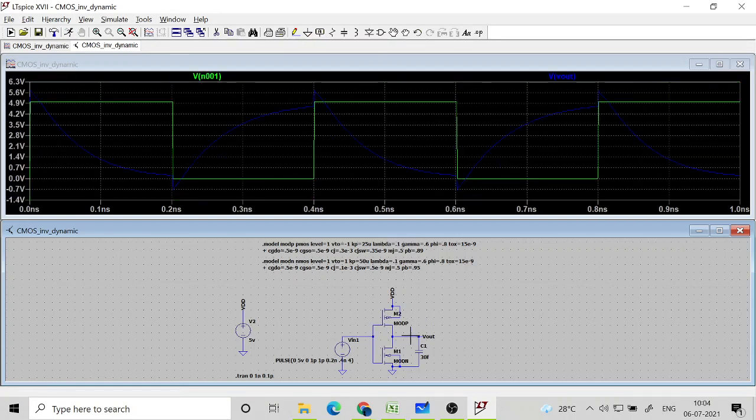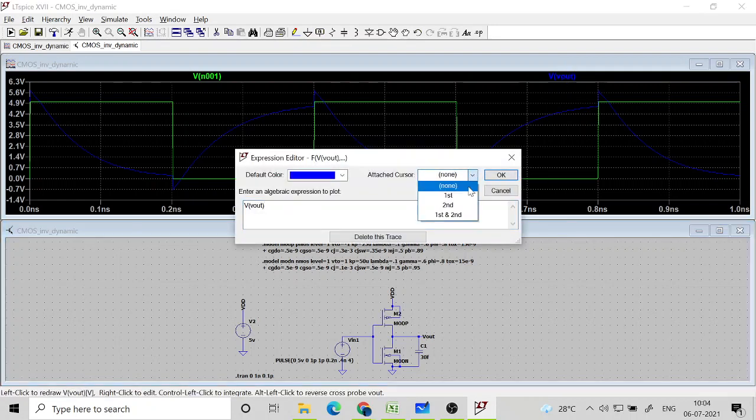The load will definitely increase the capacitance at the output further, so the delays are further increased.